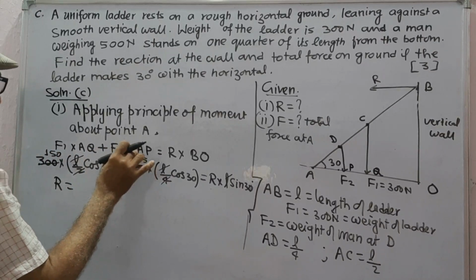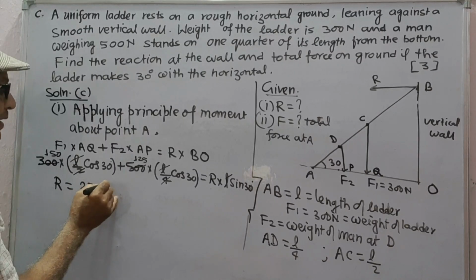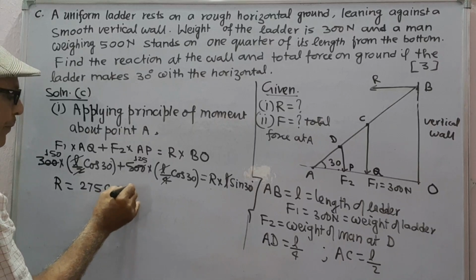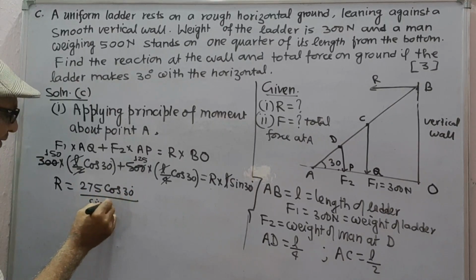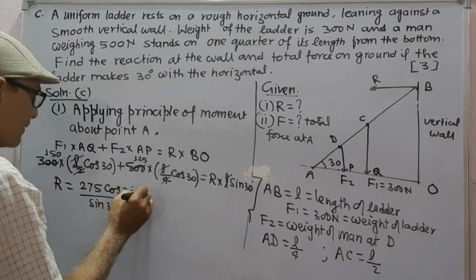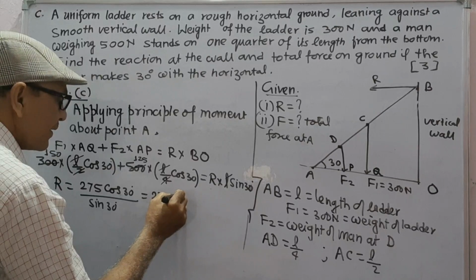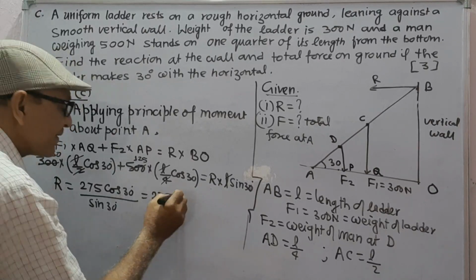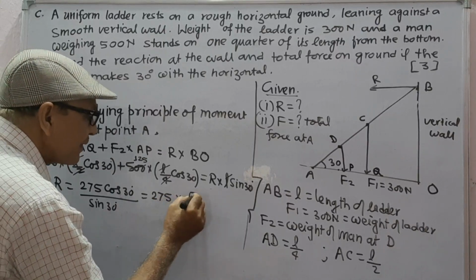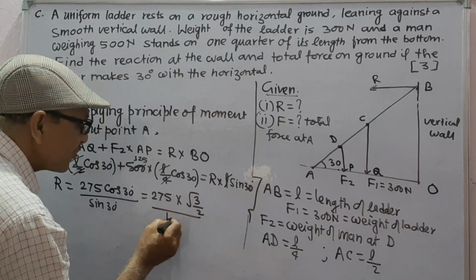So R will be equal to 150 plus 125 gives 275 cos 30 upon sin 30. This is 275, cos 30 means root 3 by 2, sin 30 is 1 by 2.